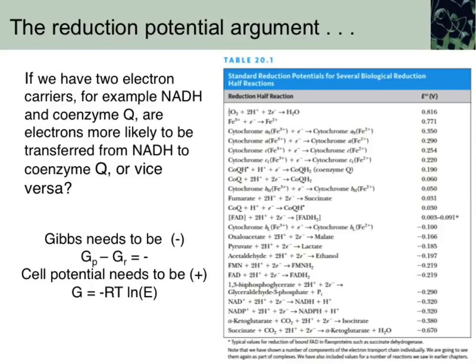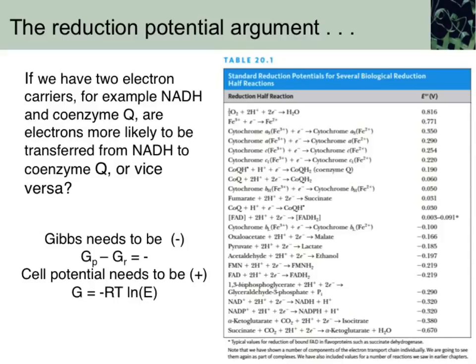When you look at the relationship between Gibbs free energy and your cell potential, it's delta G equals negative RT times the natural log of your cell potential, so if your cell potential is positive, your Gibbs free energy will be negative, all because of that mathematical symbol. I don't think there's any other mathematical reason those signs are established that way, other than somebody said, I want it to be positive for cell potentials and negative for Gibbs free energy. That comes from how they calculated and established those values. Awesome, we just deal with it.